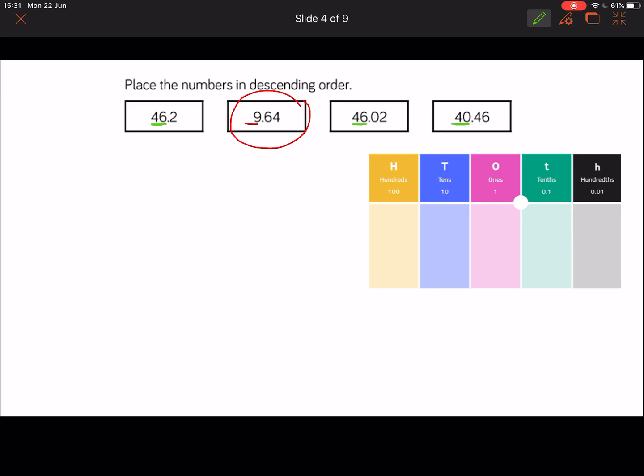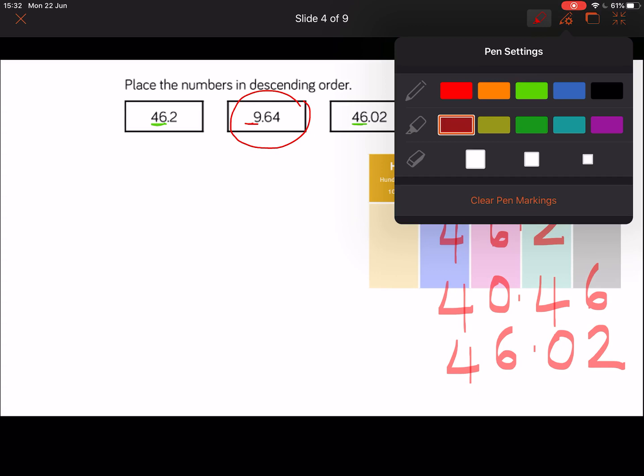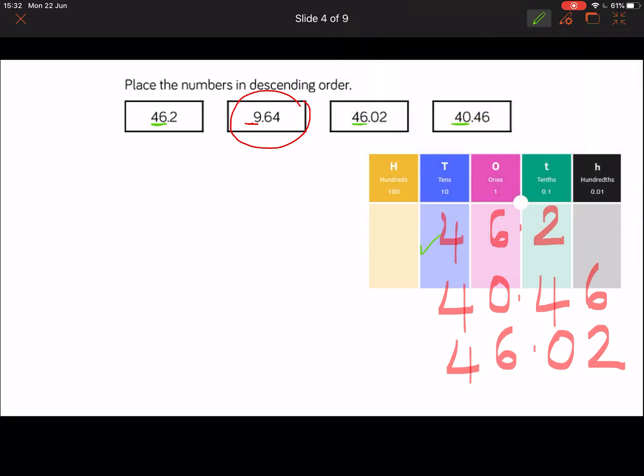So I can already see that the numbers are all very different. If we're looking at the first numbers, 46.2 and 40.46 and 46.02, I can see they all have the same number in the tens.